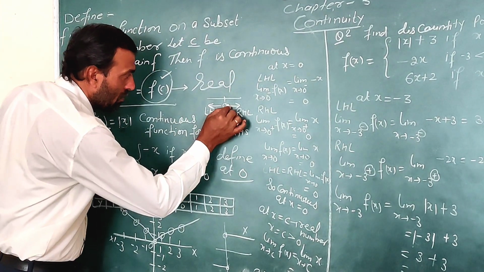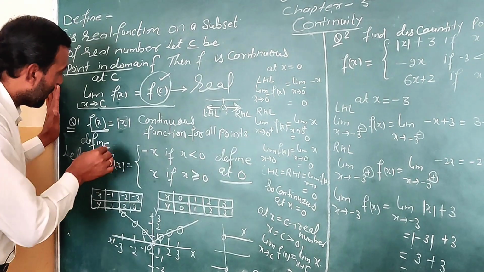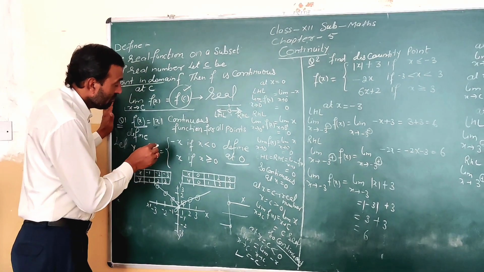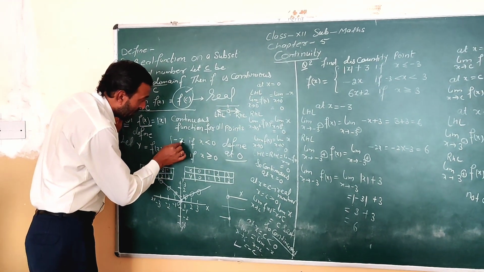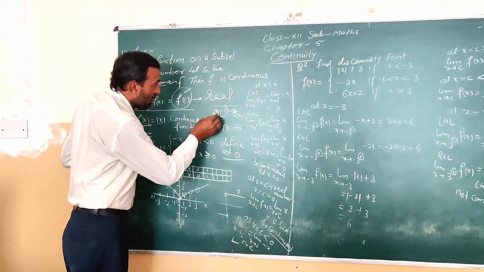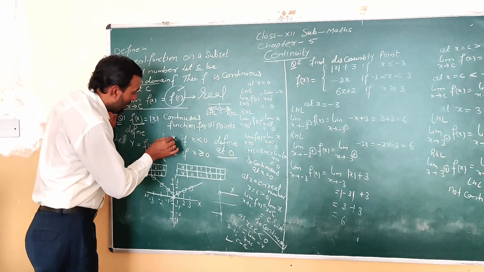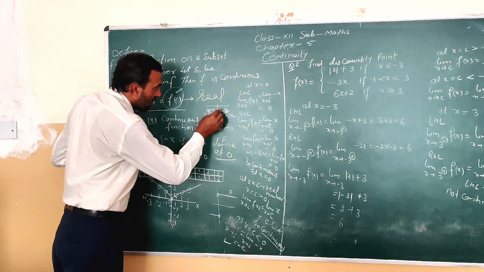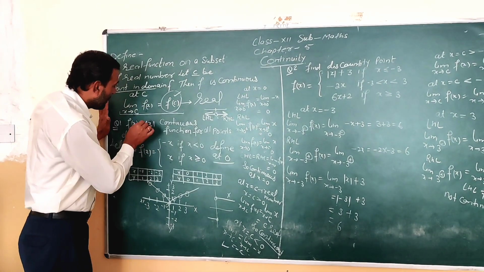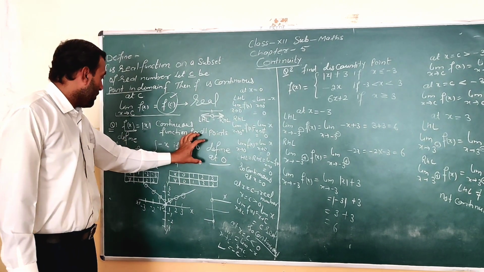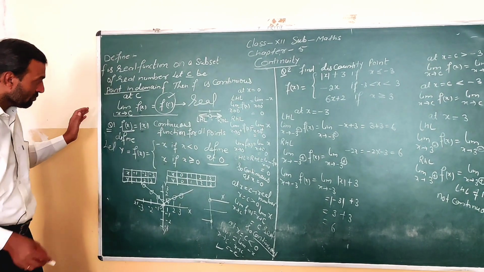And when we go into the right hand limit, x behaves like a positive, so we take x. So negative x if x is less than 0, and x if x is greater than or equal to 0. Now we have defined this function.